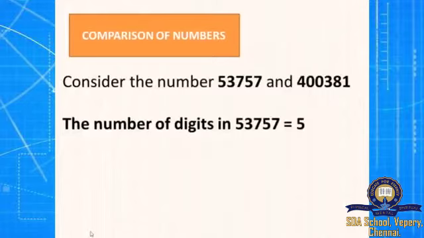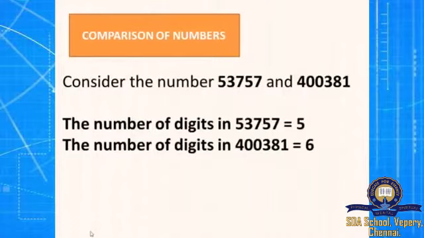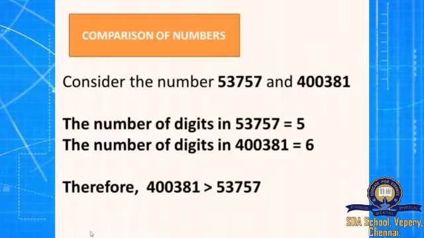The number of digits in 53,757 is equal to 5, and the number of digits in 4,381 is equal to 6. Therefore, by comparing 5 and 6, which one is greater, 5 or 6? 6 is greater. So 4,381 is greater than 53,757.